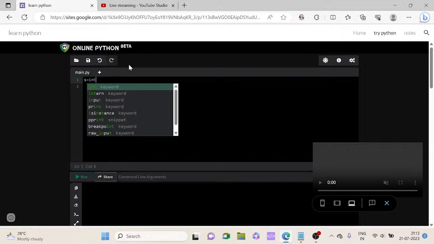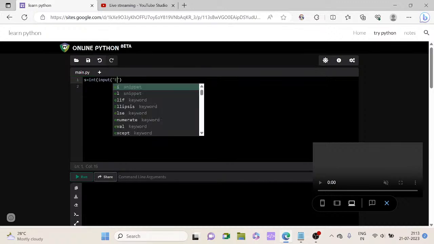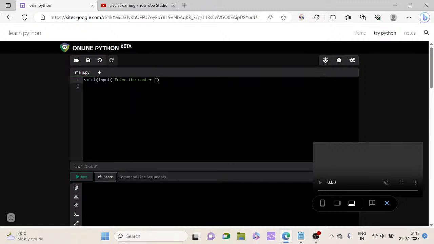So, S equal to int bracket input, then again a bracket. Inside that bracket, in inverted quotes, we will type: enter the number.